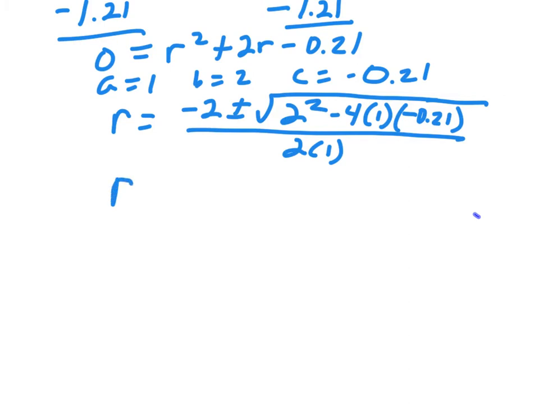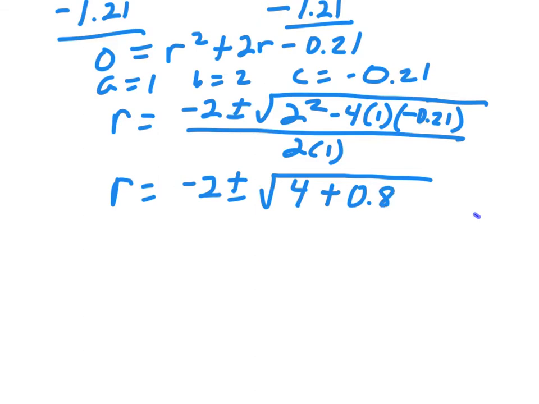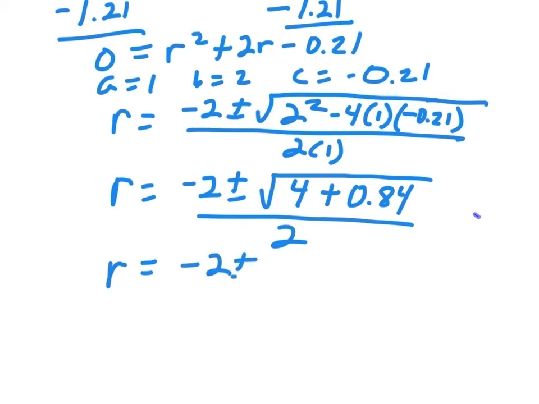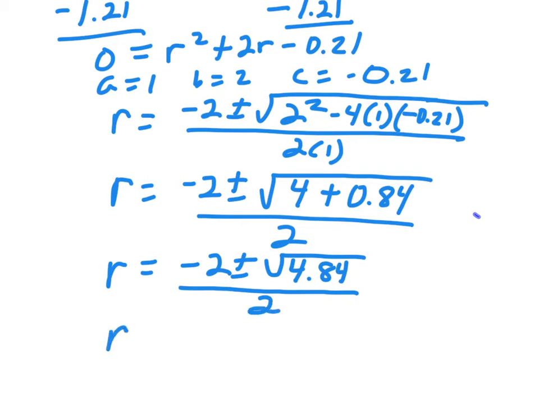So then that gives me r equals -2 plus or minus the square root of 4 plus 0.84, and that's all over 2. That's r equals -2 plus or minus the square root of 4.84, and all over 2.